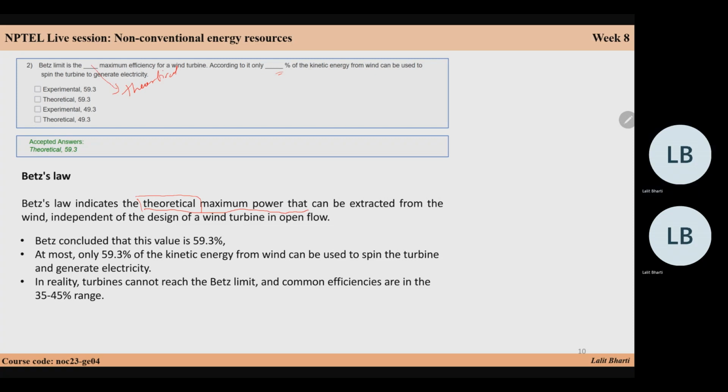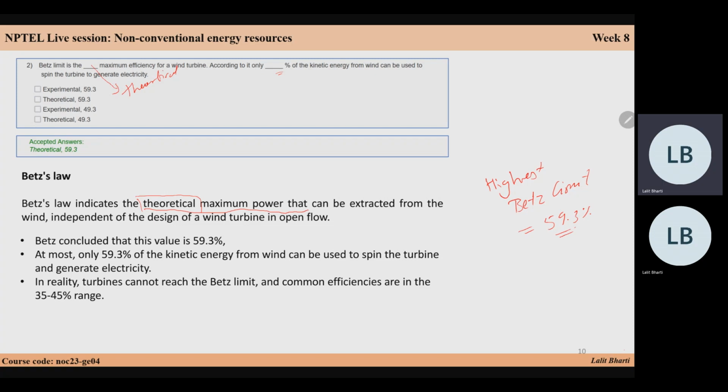In this law, Betz concluded that this limit can be at most 59.3%.